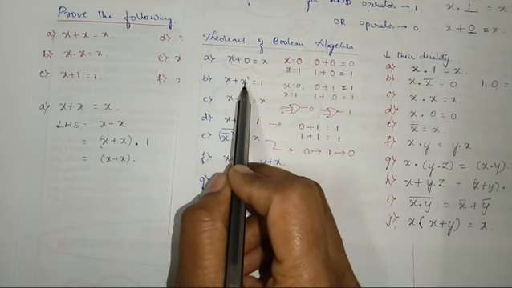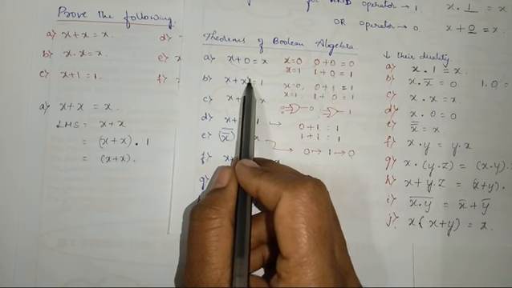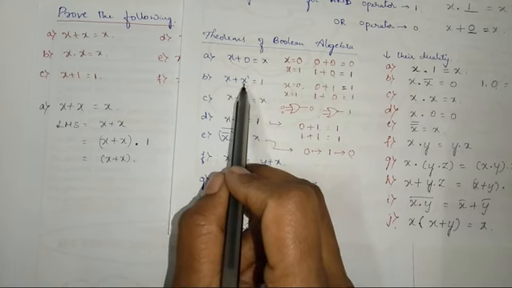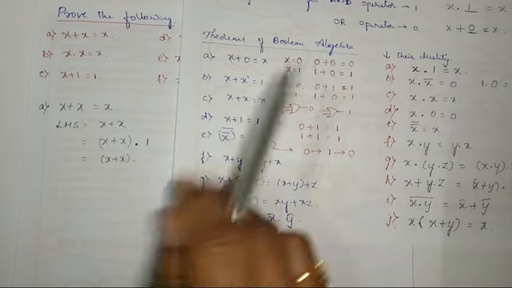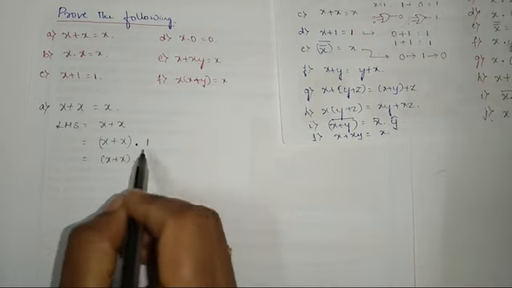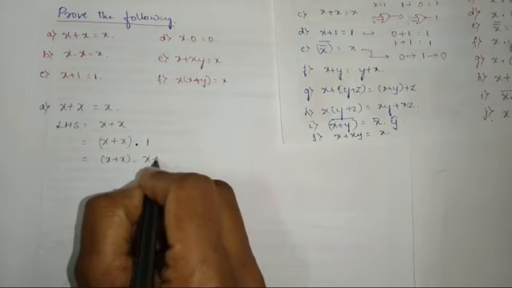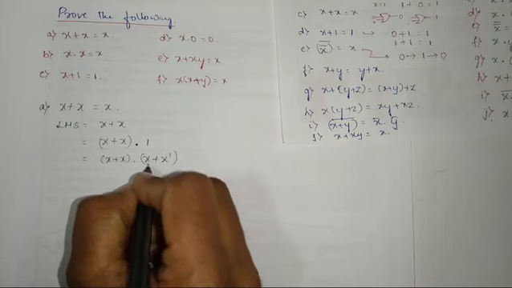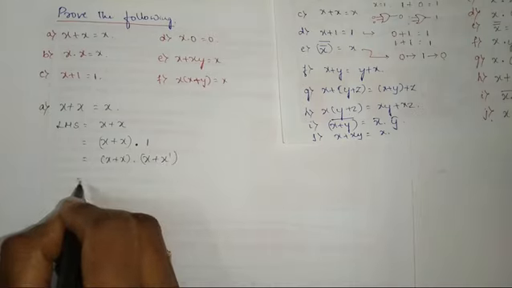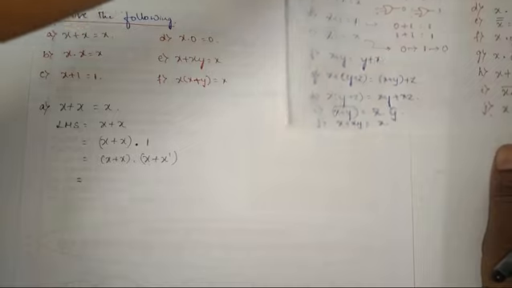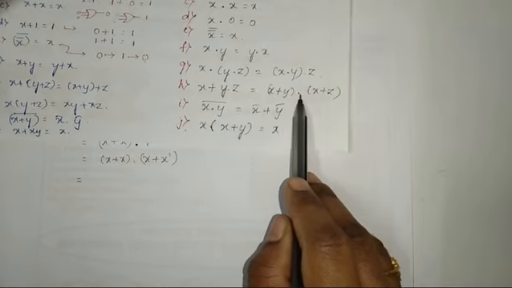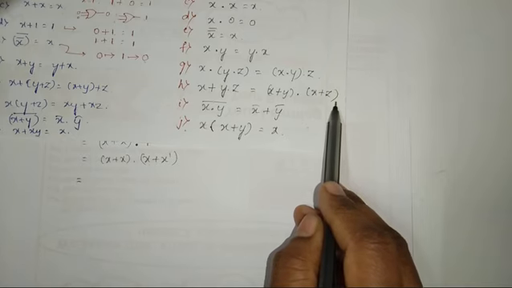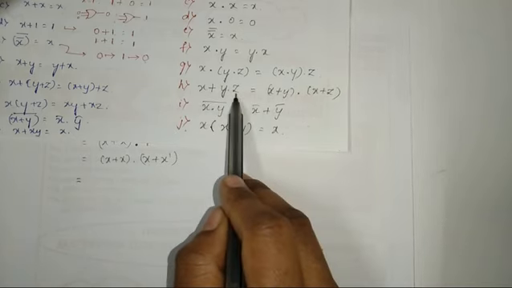But why do you have to replace it with x plus x bar? I'll tell you a reason. First let me replace this 1 by x plus x bar. Fine. So I am replacing this 1 by x plus x bar. Next step, see here, x plus y into x plus z can be written as x plus yz.